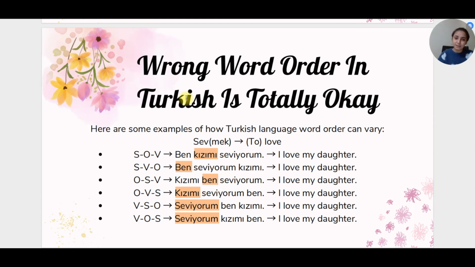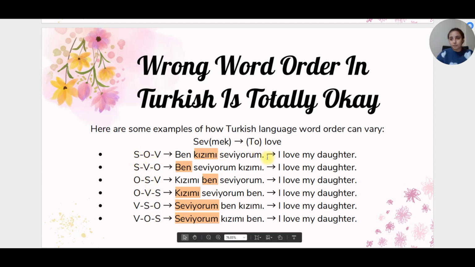Turkish is more flexible about this, and remember the thing about emphasis that I told you. Here are some examples of how Turkish word order can vary. Sevmek is to love. The verb is the sev part. Mek is the infinitive part. Okay, sevmek. And you can change the sequence like that.